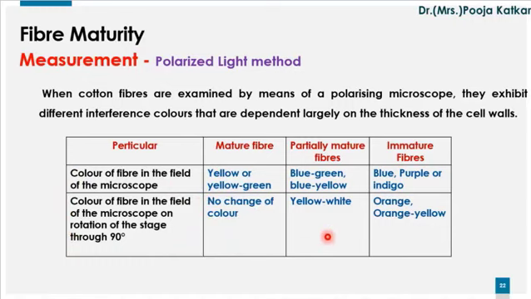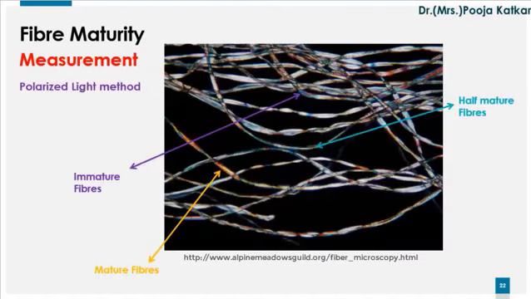Partially mature fibers will be yellowish white, while immature fibers will be orange or orange yellow in color. This is how you can observe the fiber through the microscope with the help of polarized light.